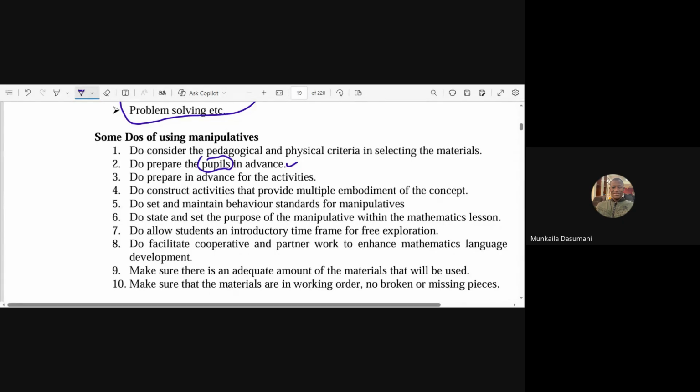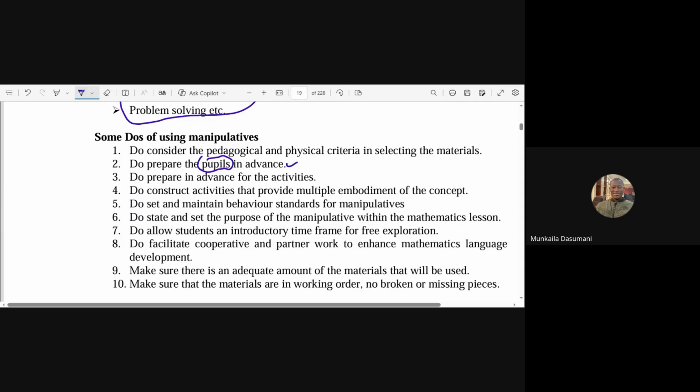For instance, if I'm using algebra blocks to teach, I should be able to use it to do factorization, to multiply, and to solve quadratic equations. So you prepare the activity in such a way that you can use it to teach many aspects of the concept you are teaching, not only one, so that you don't waste money and time. At least 2 or 3 aspects of the topic should be covered.